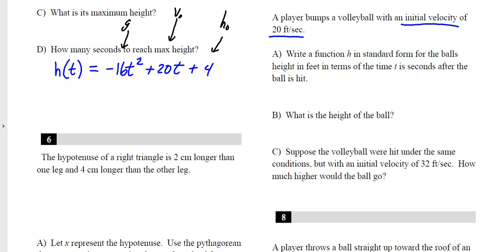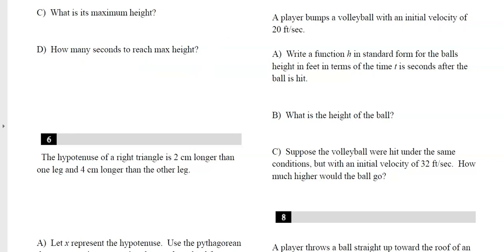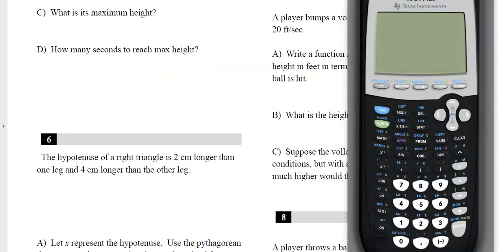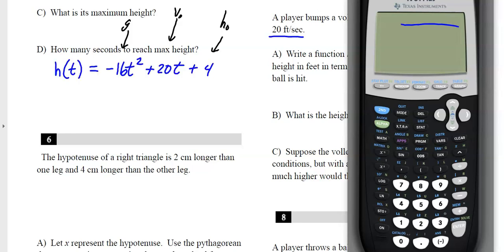All right. So now what is the height of the ball? So we need to figure out the vertex there. So I'm going to use a graphing calculator for this one. Why not? Been using it all along. So let's do this.